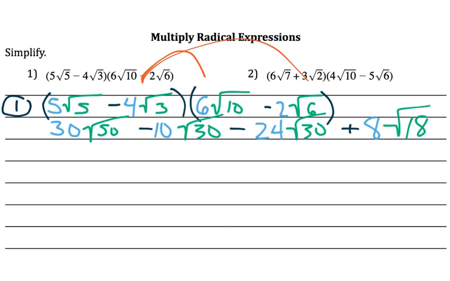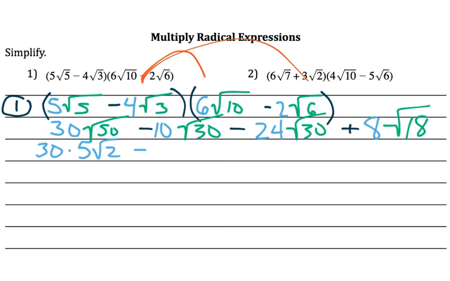Now in this, I look and I see, well, 2 of these can be combined, and then 2 of these are different, so maybe I simplify those. So I'll simplify these. I won't simplify these because I think it'll be easier to put them together and then save that for an extra step. So 30 square root of 50, I see that as 25 times 2, so I'll write 5 square root of 2.